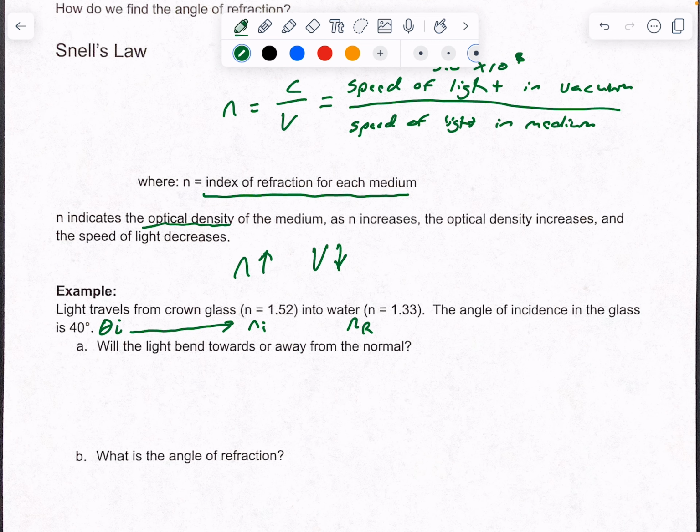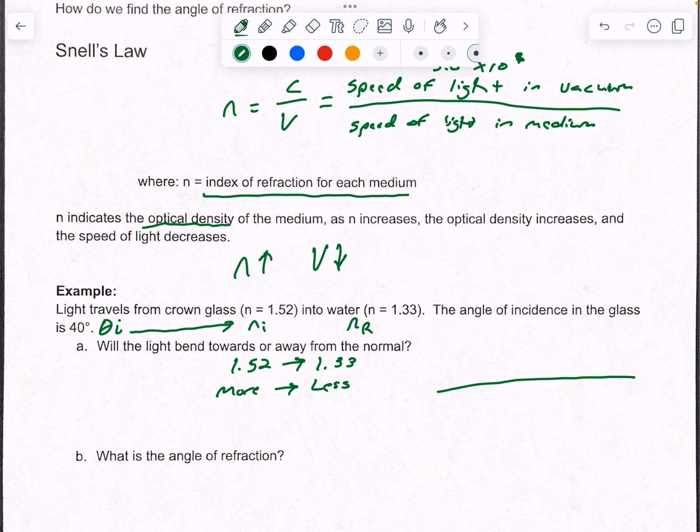So A, it says, will the light bend towards or away from the normal? Okay, so if you look at the densities, I'm going from 1.52 to 1.33. So that basically means I'm going from a more dense to less dense. And real quick, I'm just going to draw this over here.